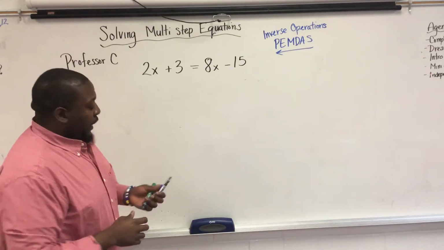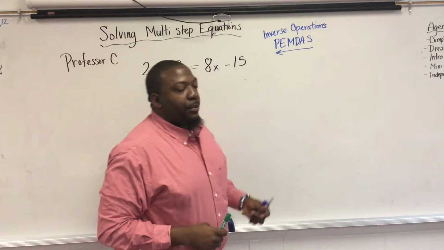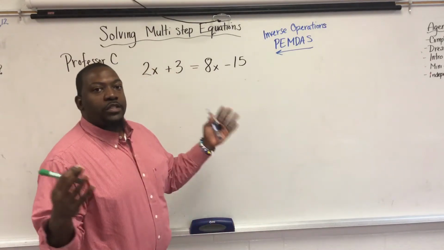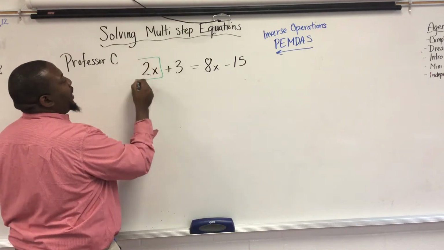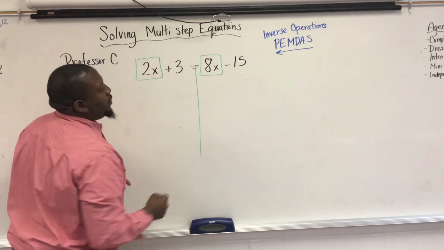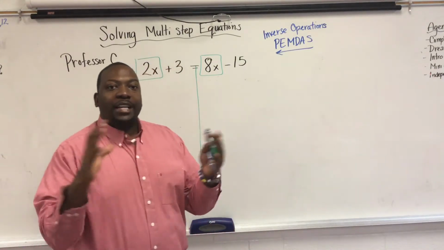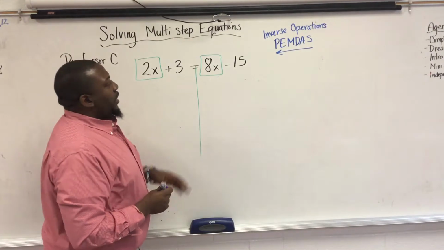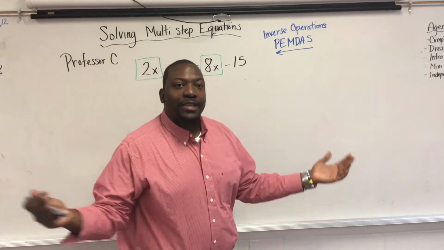Now, our goal before we can start working with our inverse operations is to see what's going on in this problem. You should recognize that you have like terms on both sides of the equal sign. One of the steps you have to take is to combine your like terms, okay? And again, in order to combine my like terms, I have to do the inverse operation.